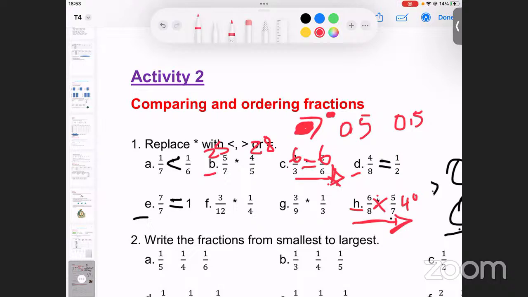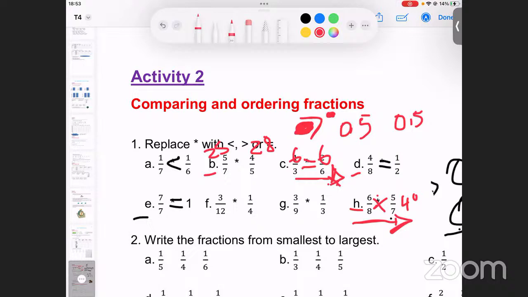So 25 as 25 and 5 over 7 is equivalent to 25. Then 4 over 4 is equivalent to 24. Then we're going to put the greater than sign by 4 over 4 because it's a whole.